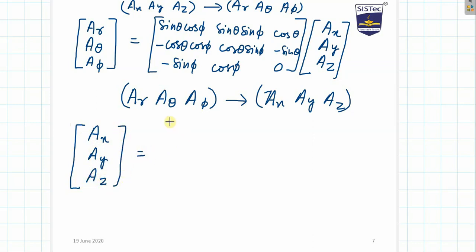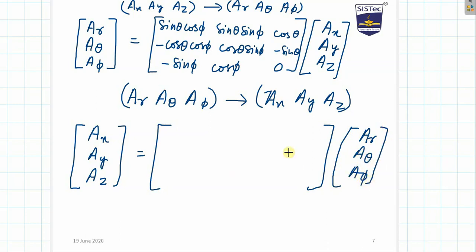Here it is your unit vector transformation, and here we can write ar, a theta, and a phi. The same matrix can be inverted by row and column. This row will become the column here. So it can be easily written sin theta cos phi, sin theta sin phi, and cos theta. See, this row has been put in the column, and similarly we will do for the other two rows also.